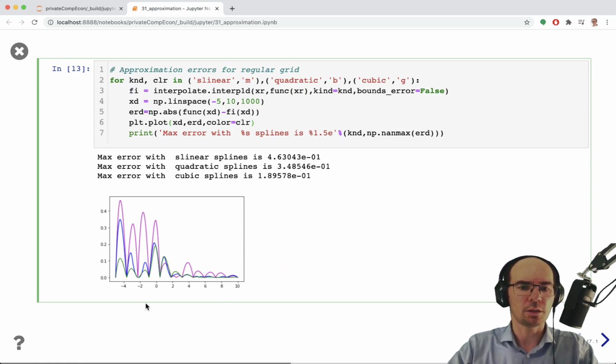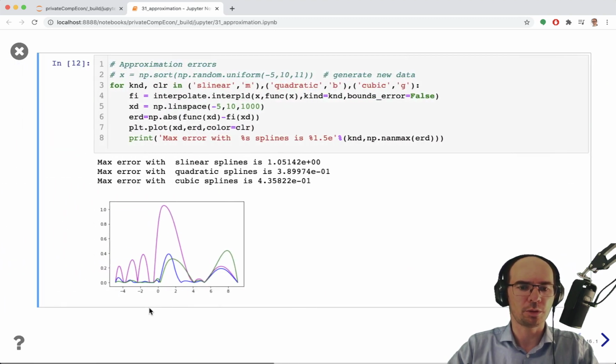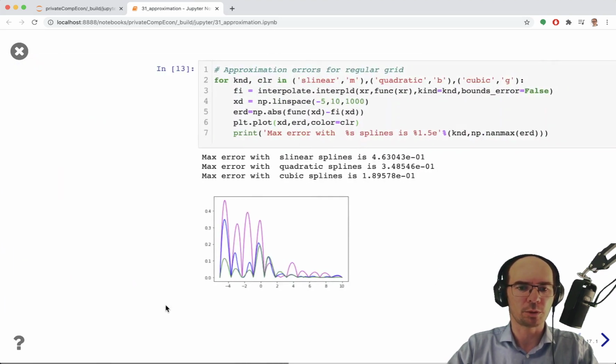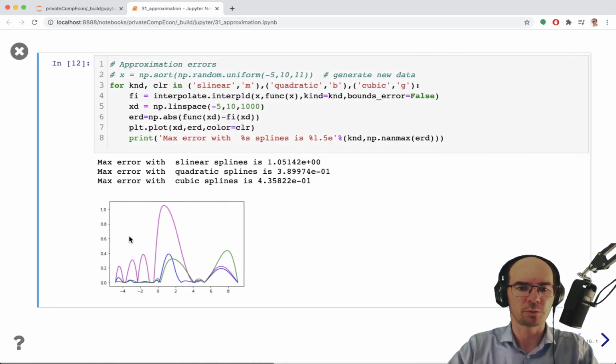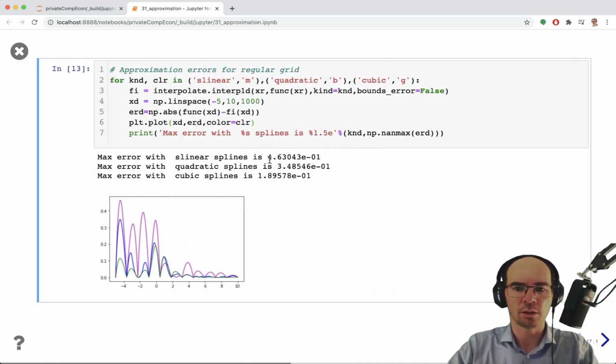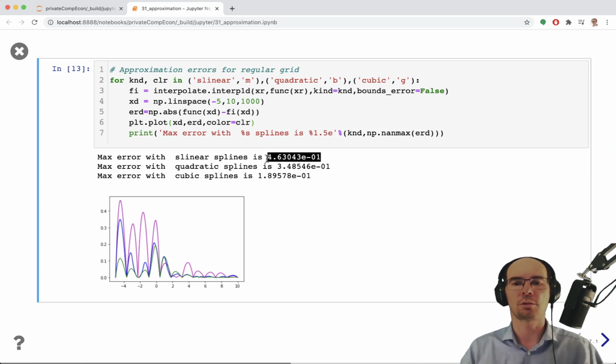And you can see here that there is a significant difference between these two graphs. So first of all, it's the magnitude, right? The max error is 1.05 here. It's only 0.46 in this case. So regular grids are actually helping us.